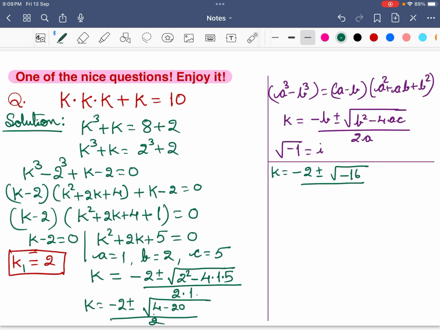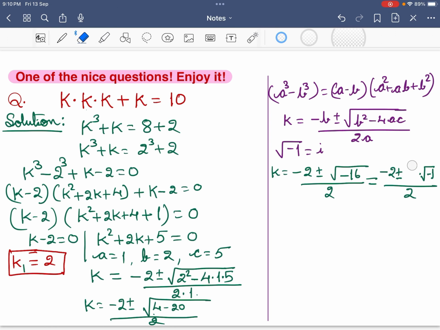So this is minus 2 plus minus the square root of minus 16 upon 2. See, again one more mistake I have committed.